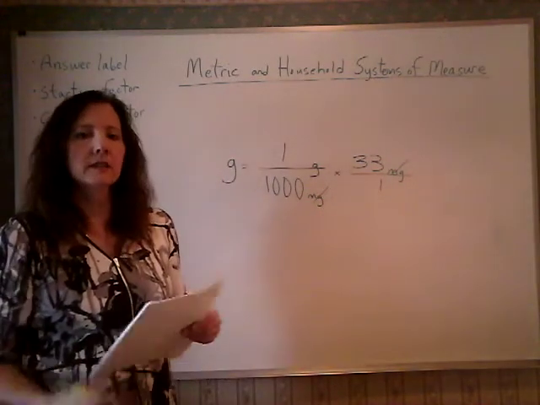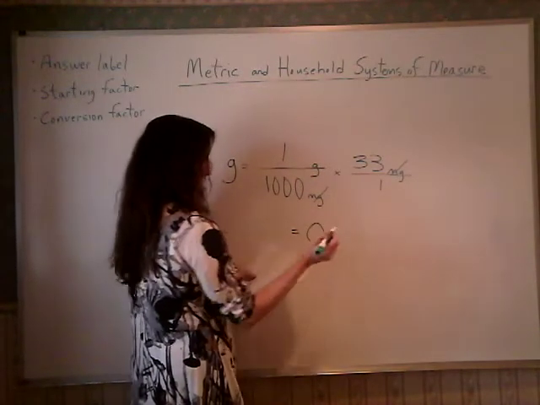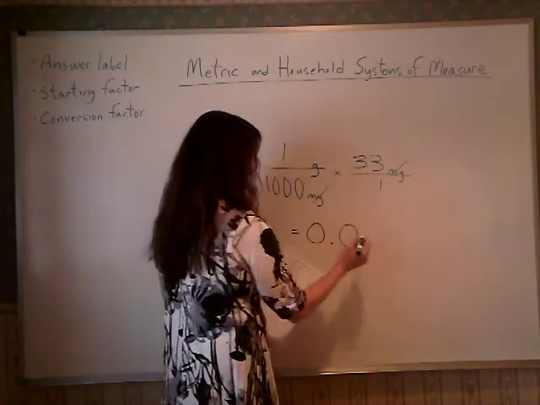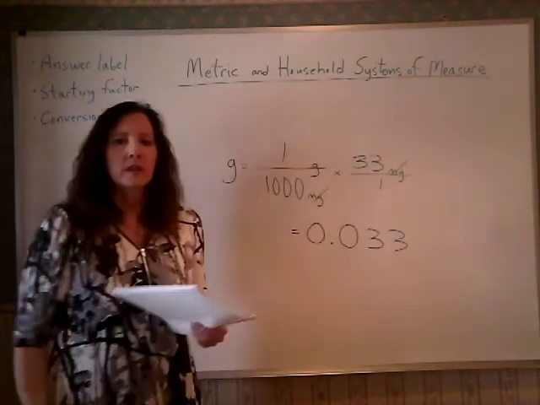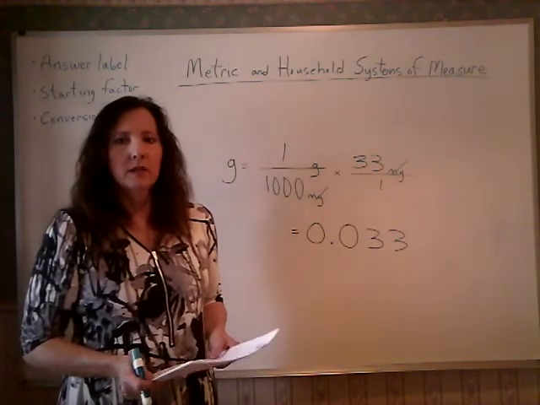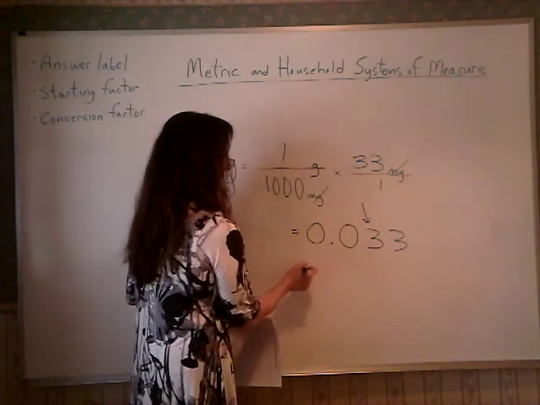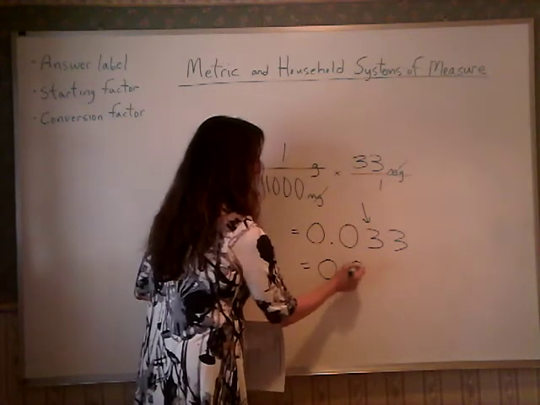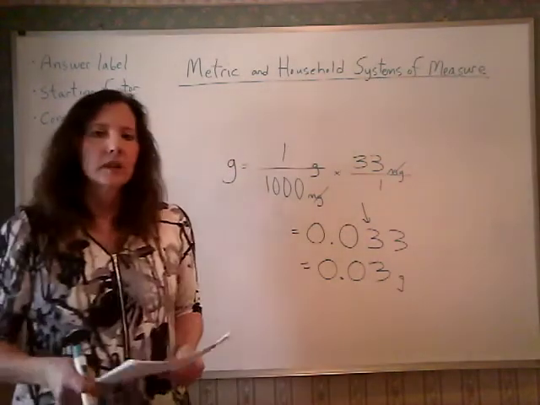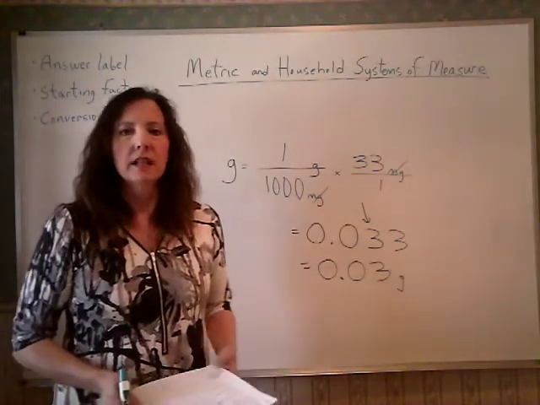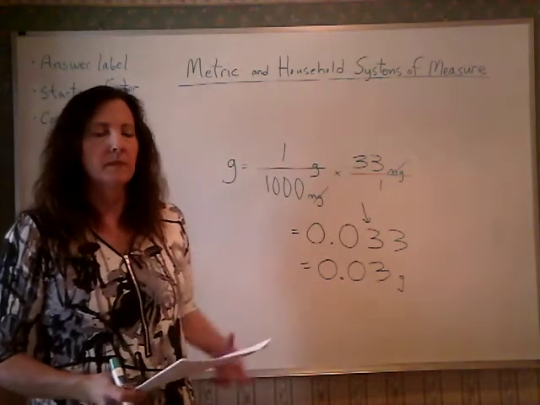Over 1, cross cancel, do your math. Weights are always rounded to hundredths. The thousandths place is less than 5, so we round down to 0.03 grams.